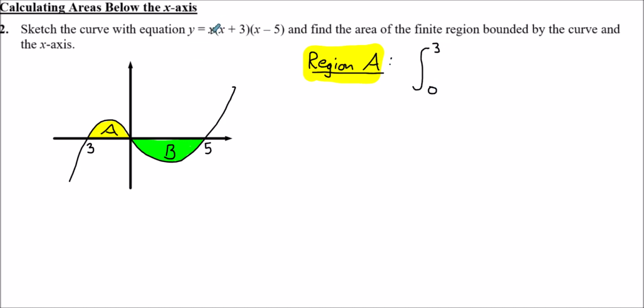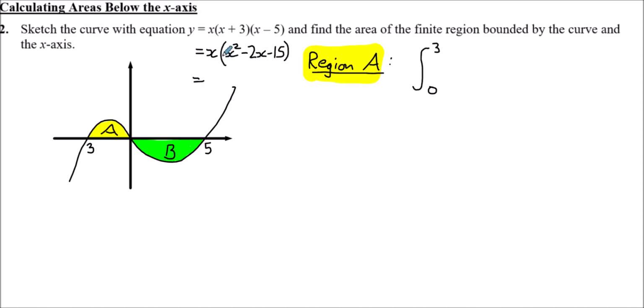Now, what we need to do here is to actually expand out this function. And so that gives us, well, x plus 3, x minus 5. Expand that out, we get x squared plus 3 and minus 5, that's minus 2x's. And 3 multiplied by minus 5 gives us minus 15.